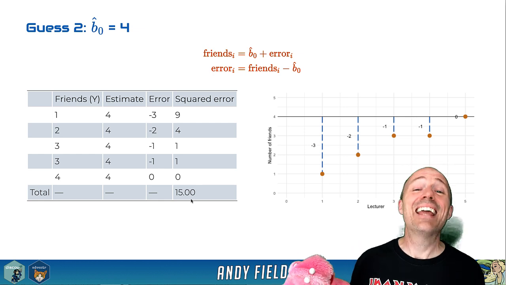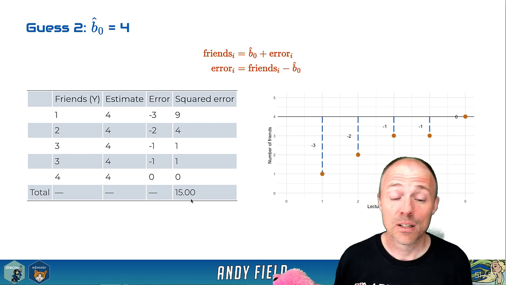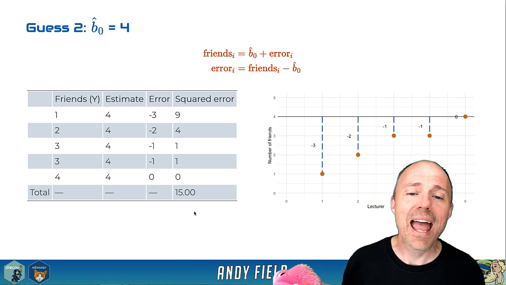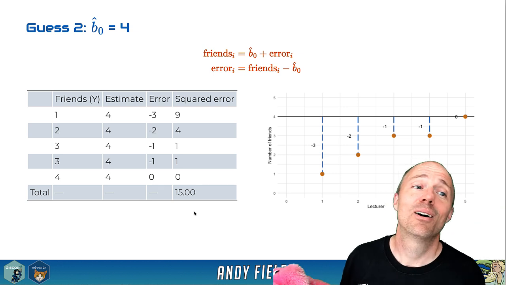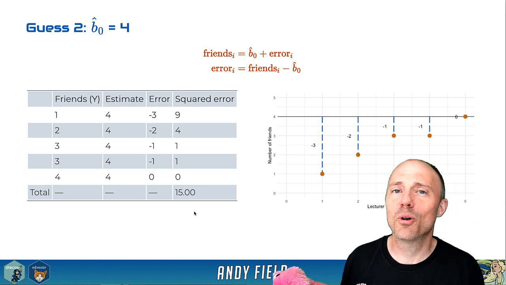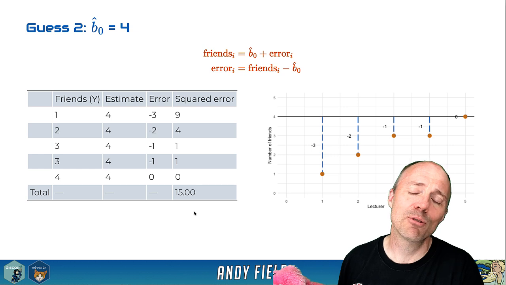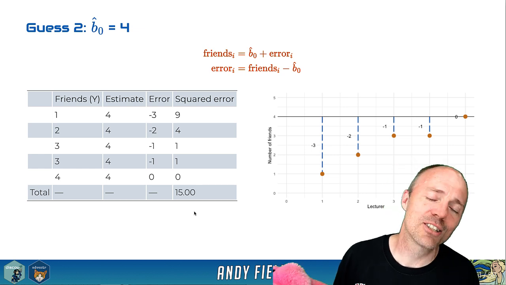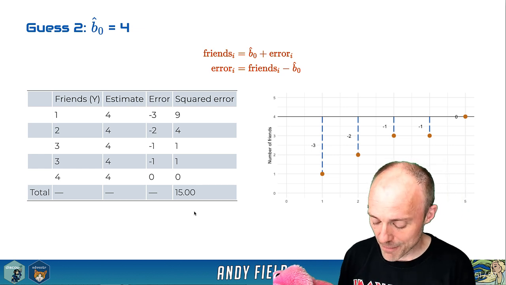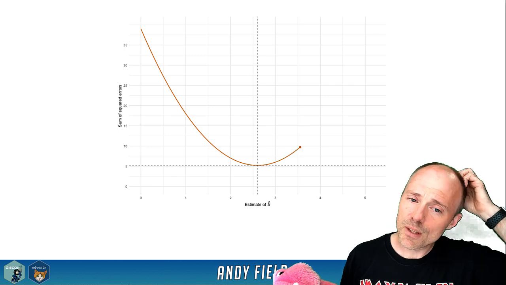Now, if we were particularly sad, what we could do is try out every possible guess of beta. So we've tried 2, we've tried 4, or we could try 3, we could try 5, we could try 2.1, we could try 2.5, we could try everything. And if we did that, what we would see is this.